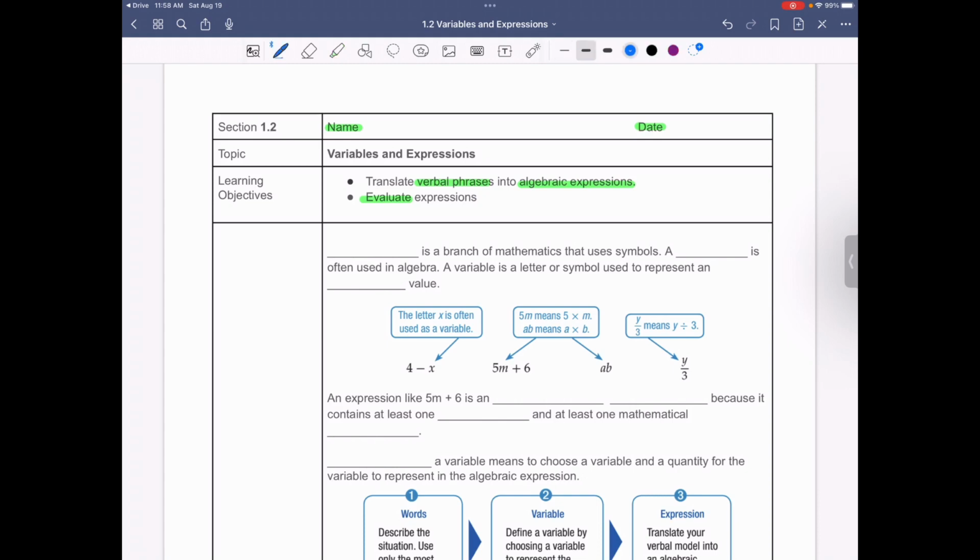Let's fill in our guided notes. Algebra is a branch of mathematics that uses symbols. A variable is often used in algebra. A variable is a letter or symbol used to represent an unknown value.